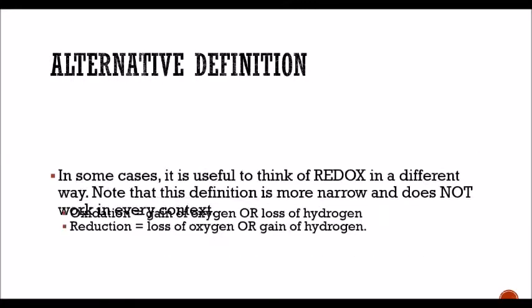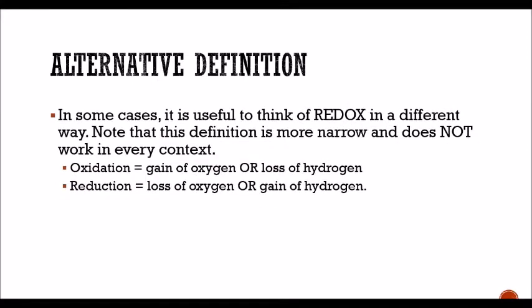IB specifically mentions in the syllabus that you should be aware of an alternate definition. In science, we can define things in different ways. We can think about things in different ways. The technical definition is the one I already mentioned about gaining and losing electrons. The original definition, and one that's useful in different contexts, like when we talk about organic chemistry, is a different way to define oxidation and reduction.